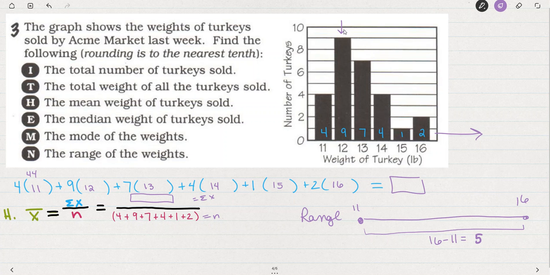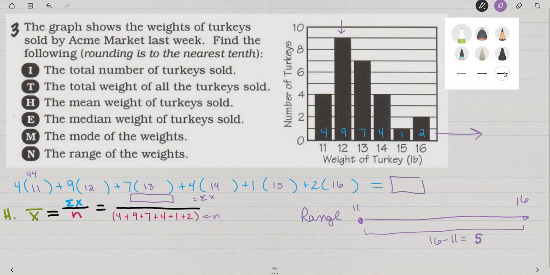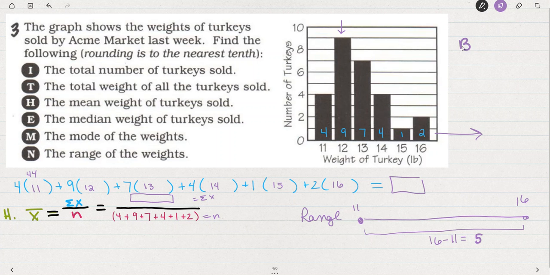I do want to point out, just a side note for the graphs, you should be able to look at this graph and determine, is it a bar graph or is it a histogram? I can tell that this one is a bar graph, because if it were a histogram, the bars would be touching.